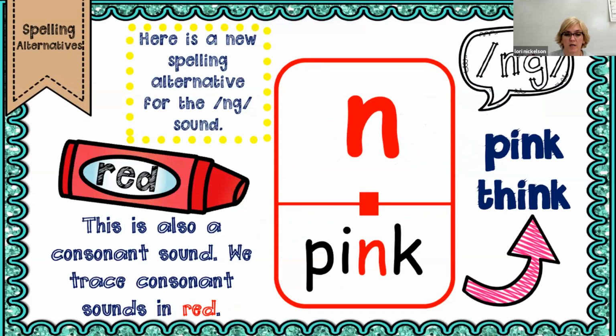So our new spelling alternative for the ng sound is n, as in pink. So repeat that sound. Ng. Like pink, think. This is also a consonant sound. So trace that n up in the air. Good. All right.